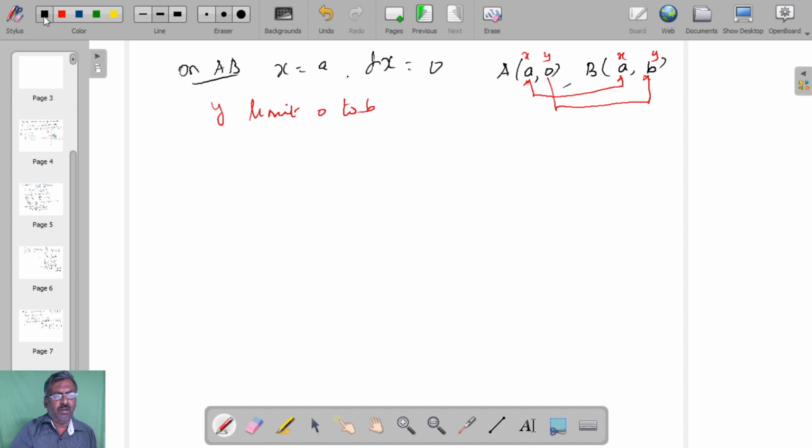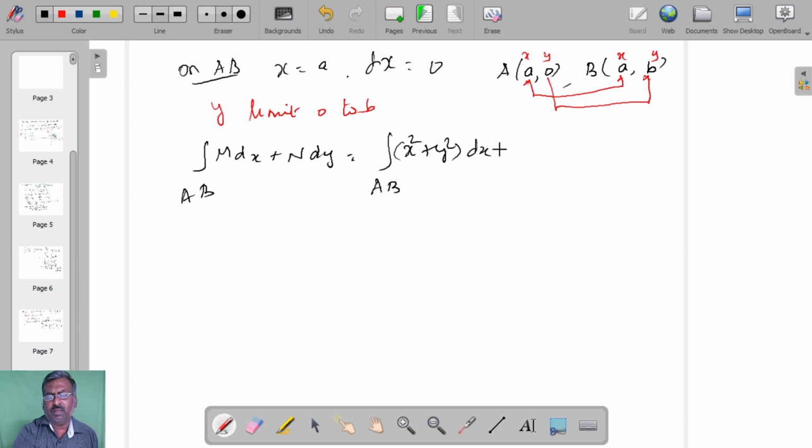Next, again we find the integral of M dx plus N dy over AB. First we found it for OA. Now we are going to find it for AB. So integral over AB, M value is x squared plus y squared into dx plus N value is minus 2xy into dy.